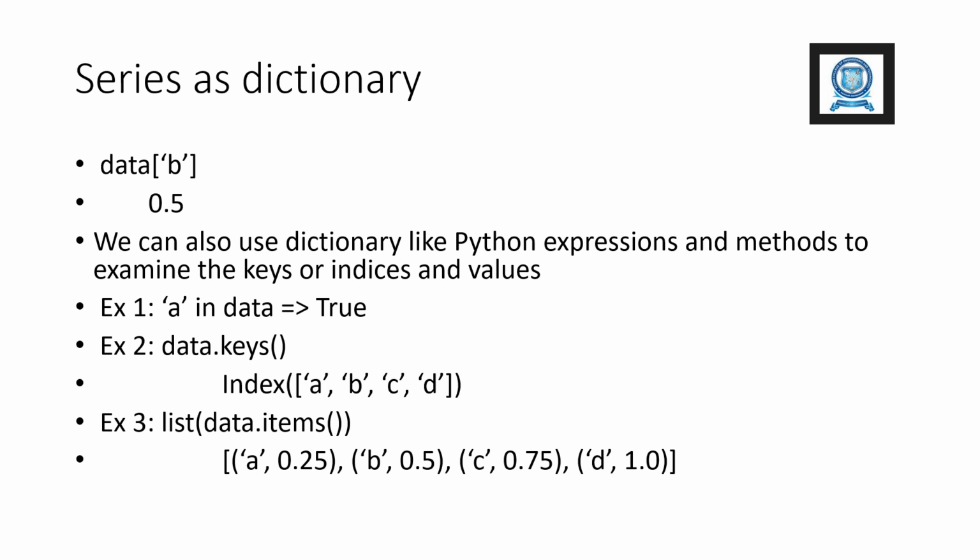It prints all the values of the Series index, that is a, b, c, d. And example 3, list of data.items(). It prints the results with index and its corresponding values: a 0.25, b 0.5, c 0.75, d 1.0.